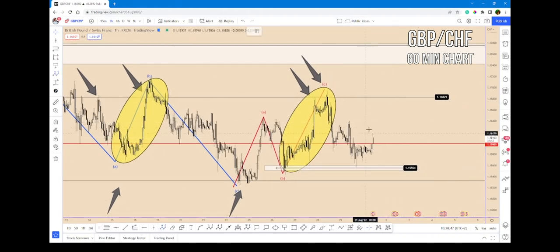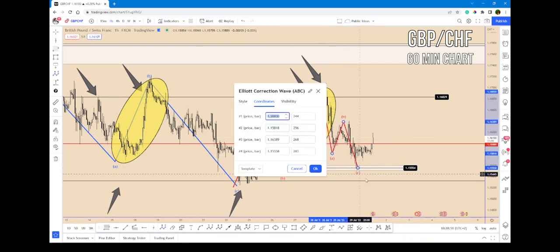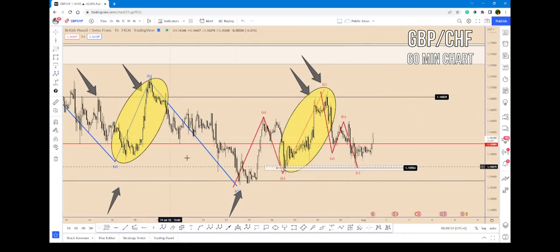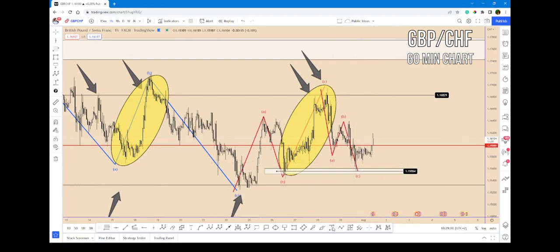We have also this correcting movement, very nice movement again. So these ABC movements are part of corrective structures. So the price should continue moving higher as long as we saw this bounce here.